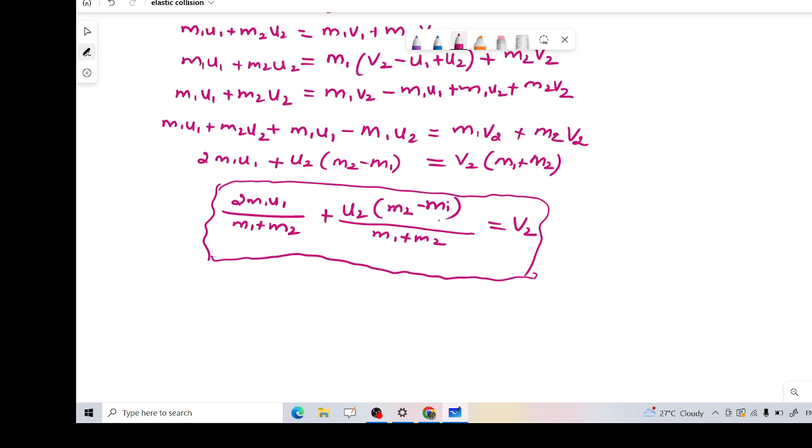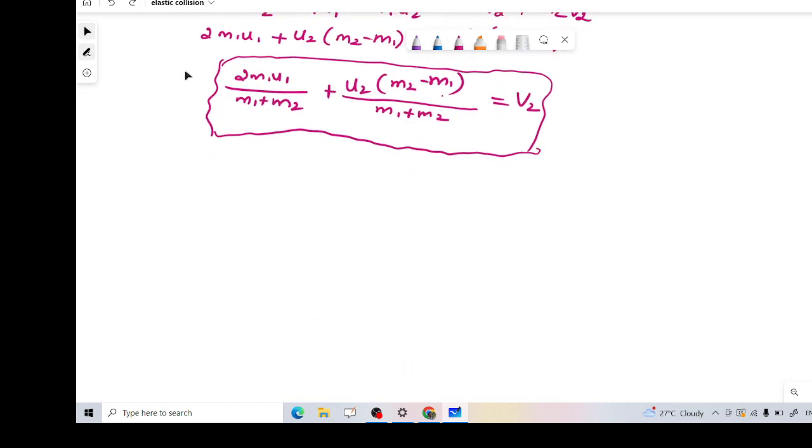So this velocity of the second object depends on the masses of both the objects and the initial velocities of both the objects. So the important part for CET or NEET is: suppose the two masses are equal, whatever this m1 object mass and m2 object mass are, they are equal.